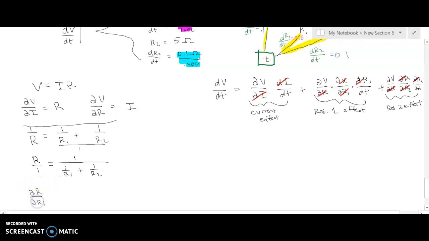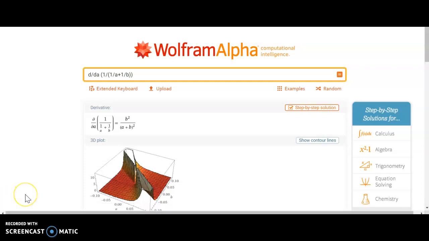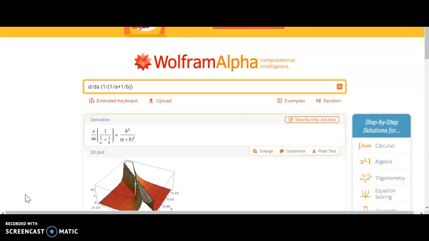Okay, again, a good Wolfram Alpha use here because this is going to be a bit challenging to find. It's going to require a little bit of work or manipulation, so we'll do this with Wolfram Alpha. And so here's what we get. I have noticed that I have used A in place of R1 and B in place of R2.